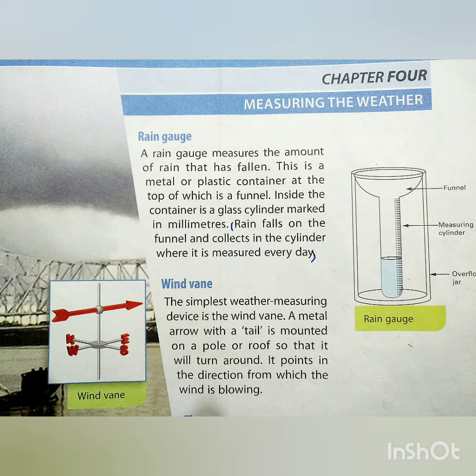A wind vane has a metal arrow with a tail, and that fin tail keeps the arrow pointing in the direction of the wind. It points in the direction from where the wind is blowing, as you can see in the picture, the diagram.